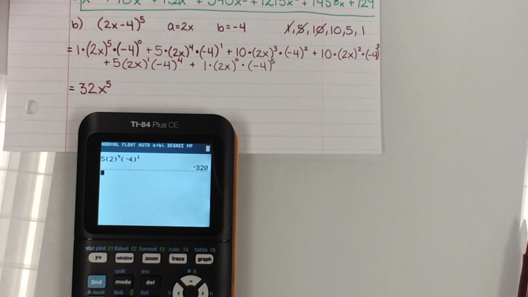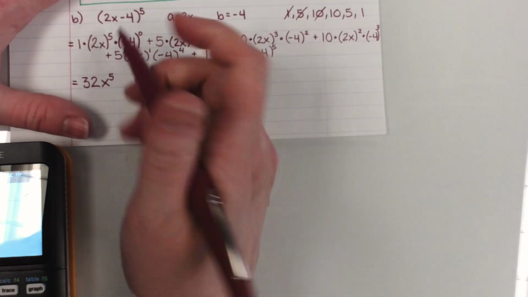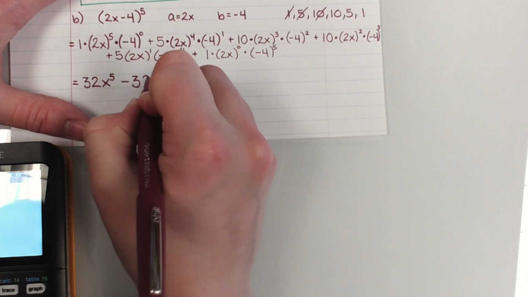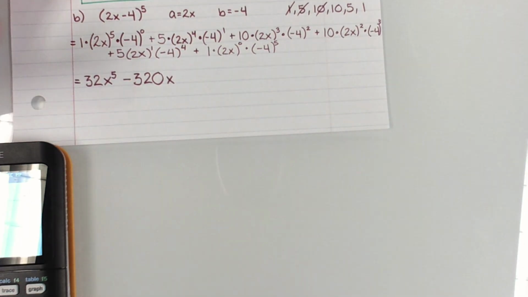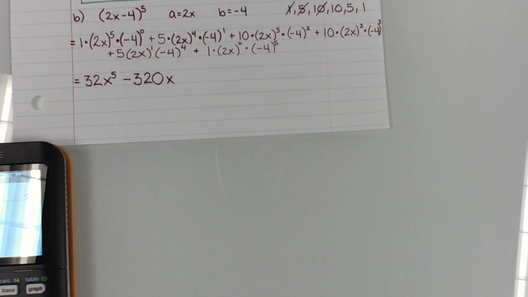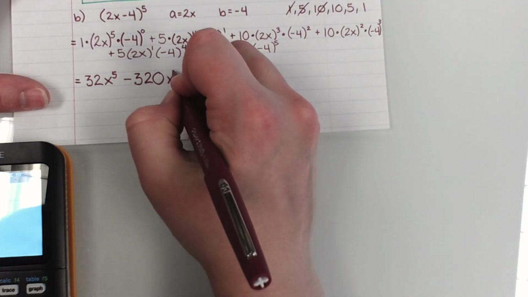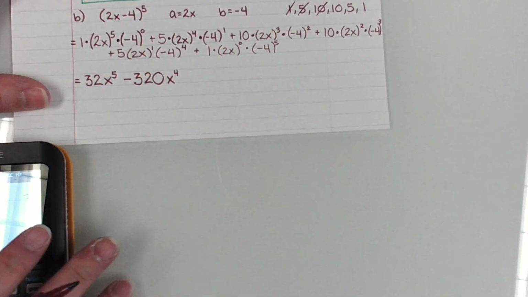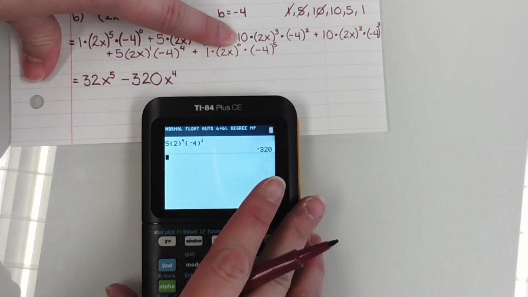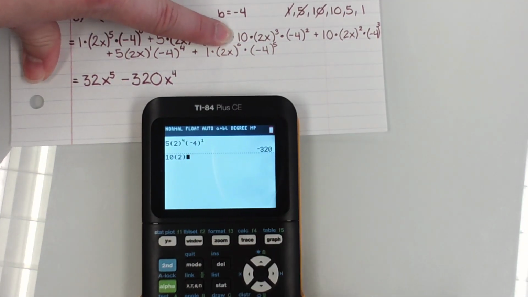Adding a negative is just subtracting 320. X would be to what power? The fourth. My next term. 10. 2 to the power of 3.